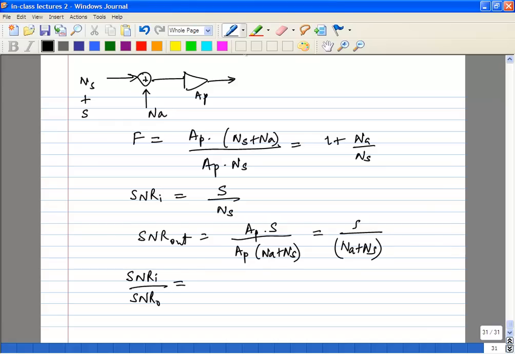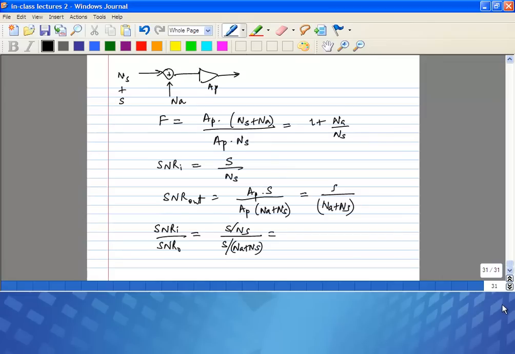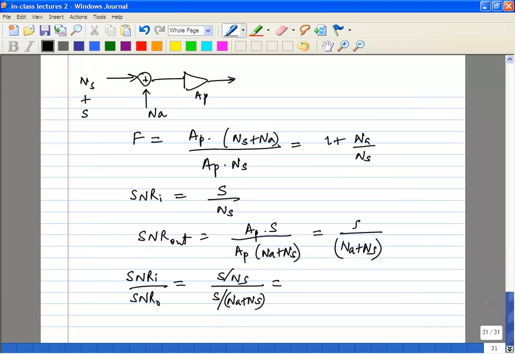What is input SNR over output SNR? So if you want to write noise figure in terms of SNR, noise figure can also be defined as the input SNR over output SNR.